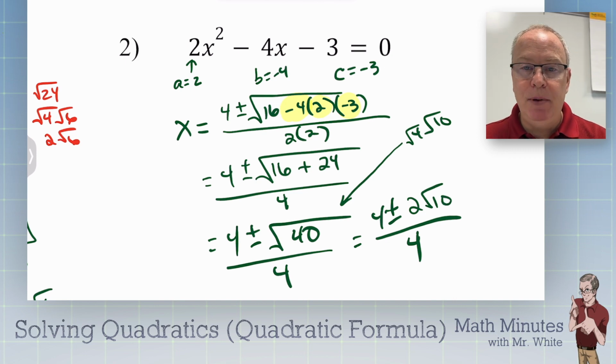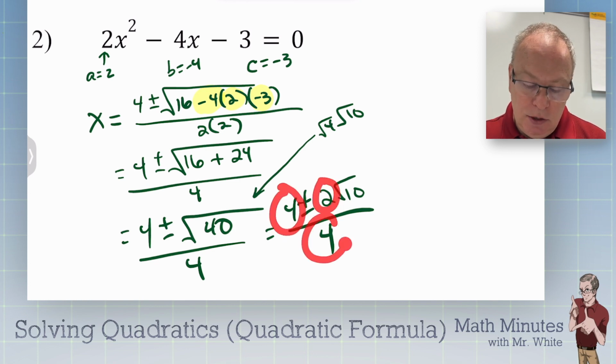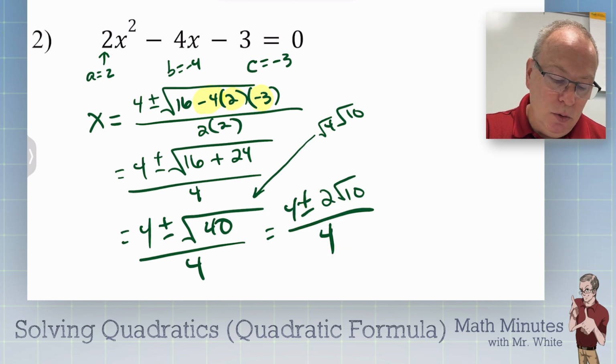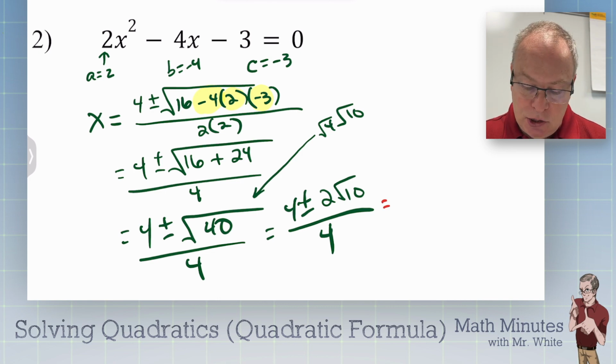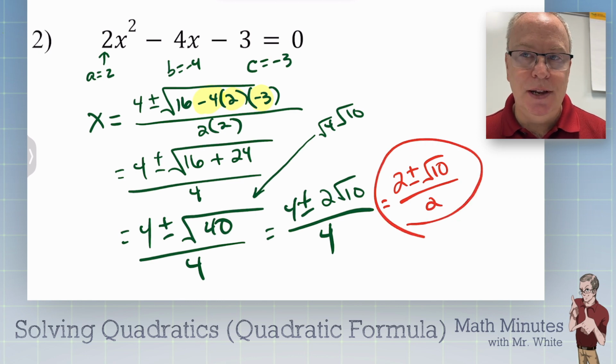Again, I'm pretty happy if you get any of these last 2 answers, but look at this. These 3 things that are outside of the jail, let me circle them for you. These 3 things are all divisible by 2. So I think the best answer would be 2 plus or minus radical 10 all over 2. And just leave your answer like that. I don't really care what the decimals are.